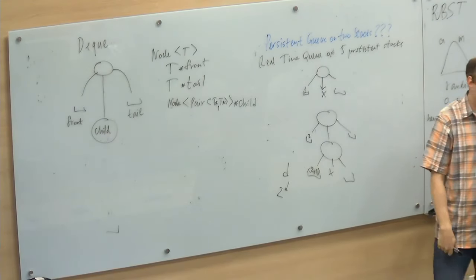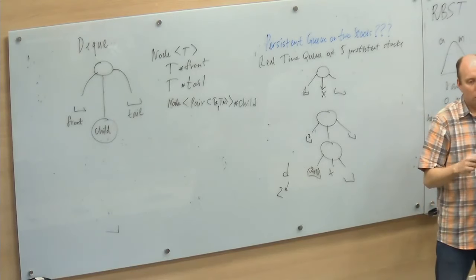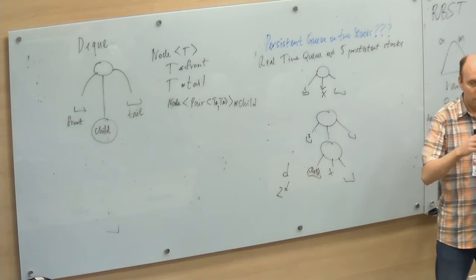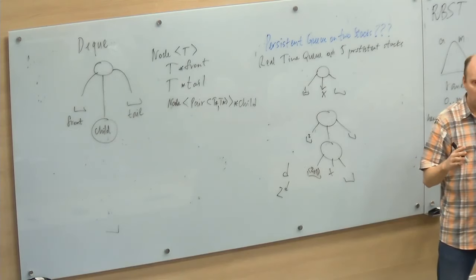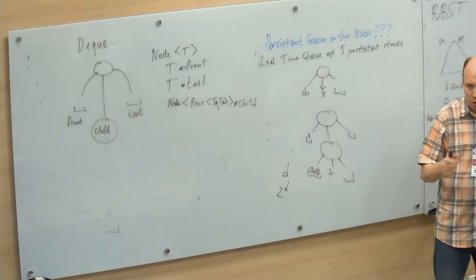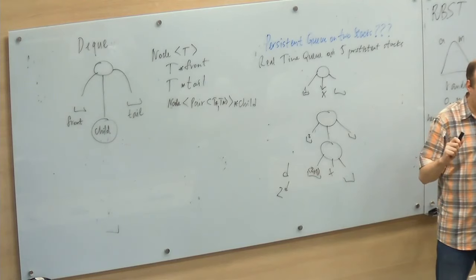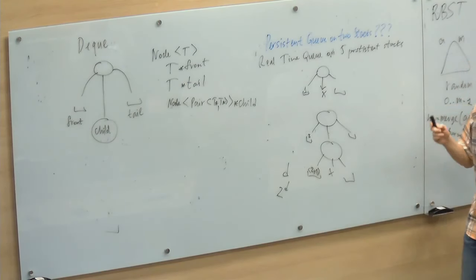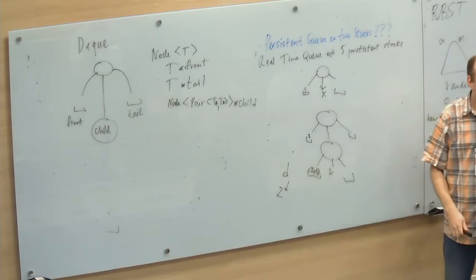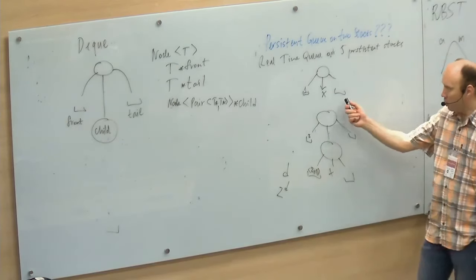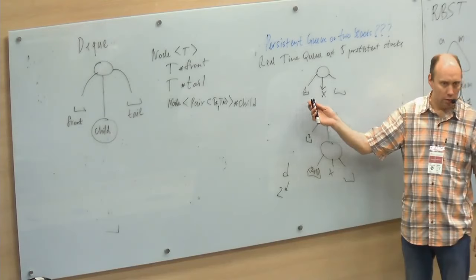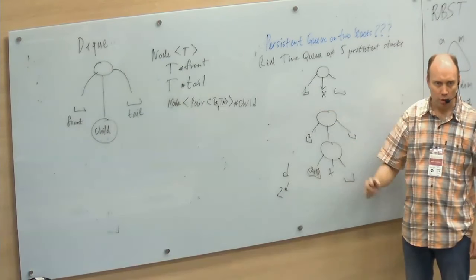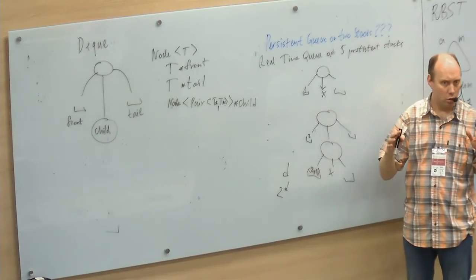If we have a child, your implementation must keep track of empty subtrees and remove them, because if you don't, this would break a little bit, although it's not very difficult to fix anyway. So if we don't have a child, then let's look at the buffer on the other side. If it's not empty, then return the thing. If it's also empty, then we are empty altogether, so nothing to pop.